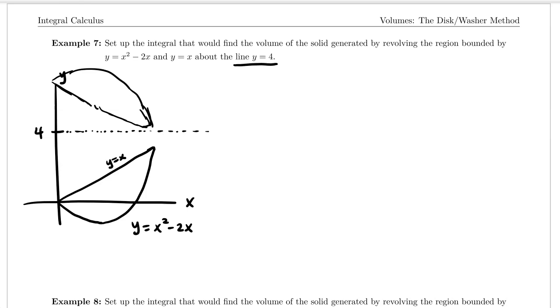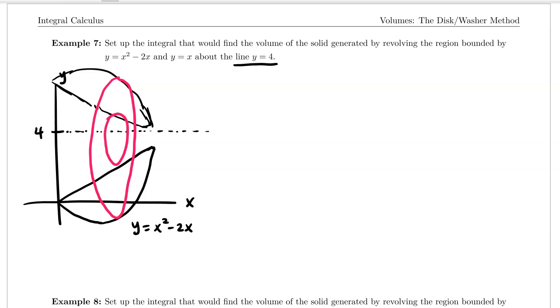And then I want to draw my cross section now. So what's going to happen is, and this is supposed to be symmetric, so pretend that it's symmetric. I have this cross section here, and I know the thickness of it will be delta x.